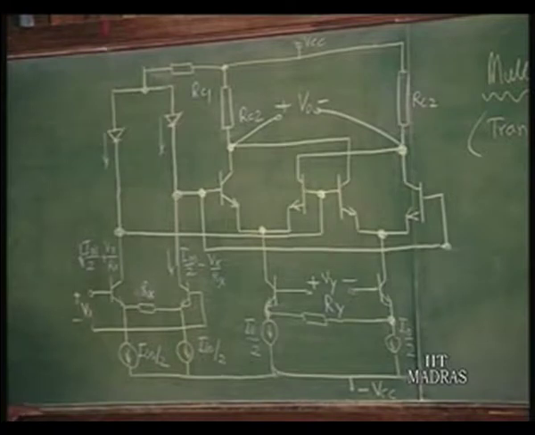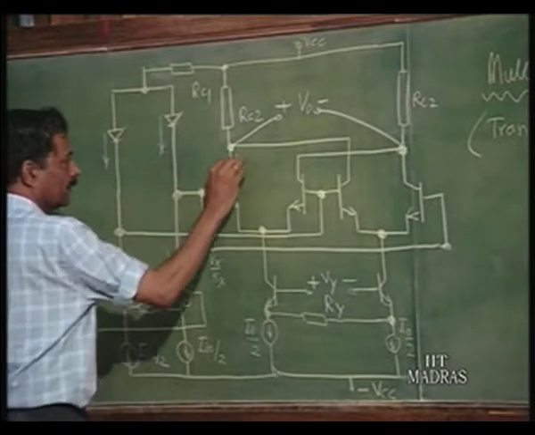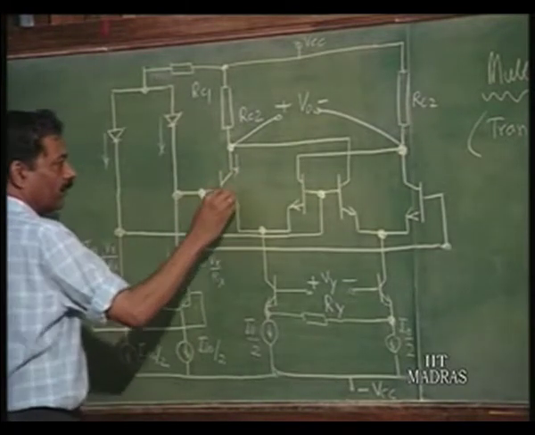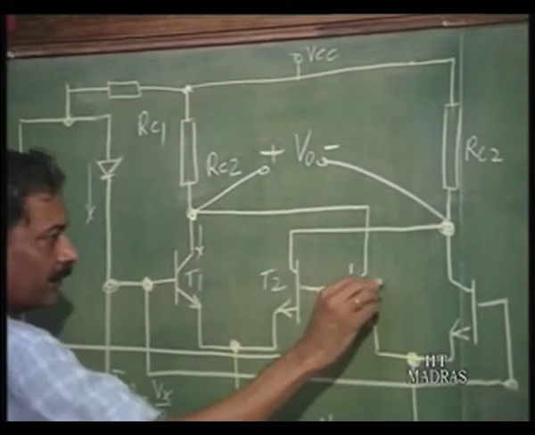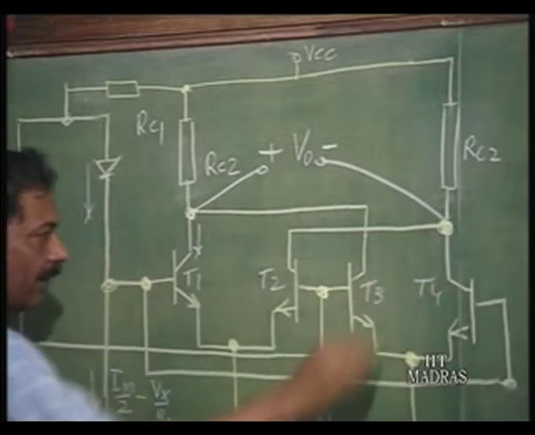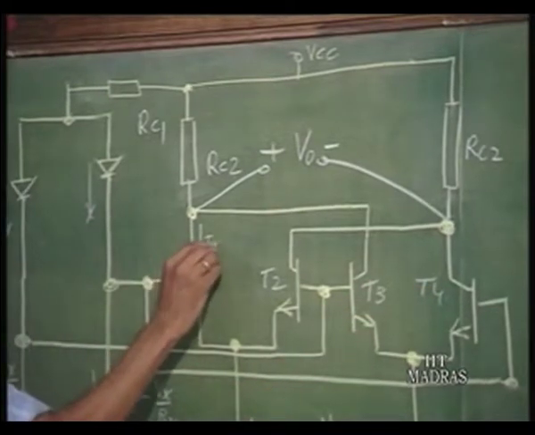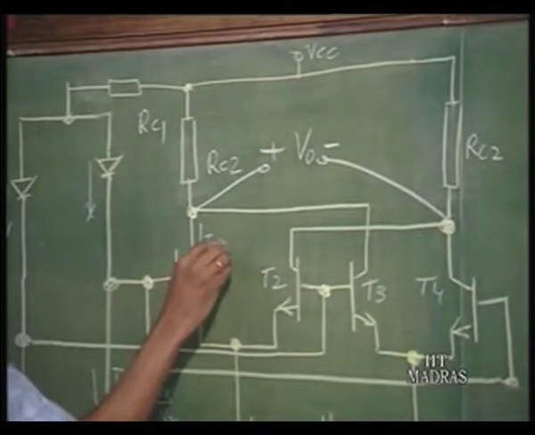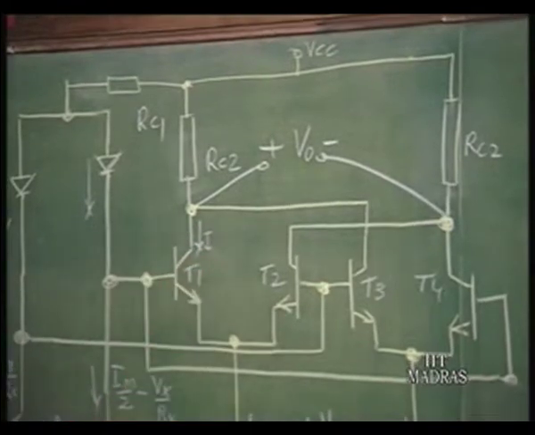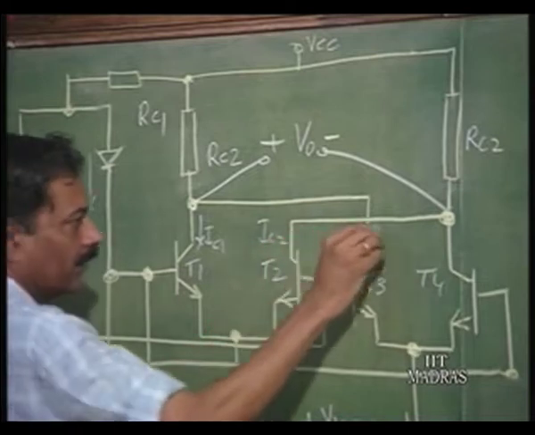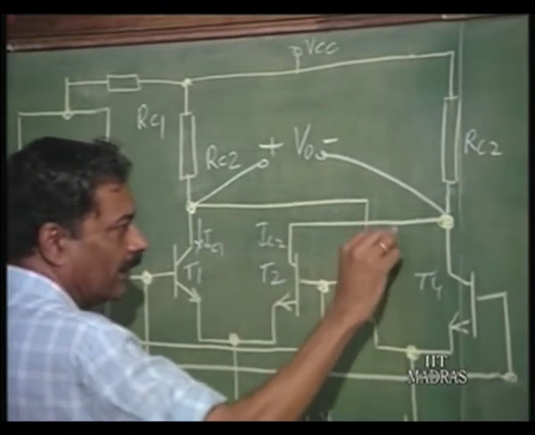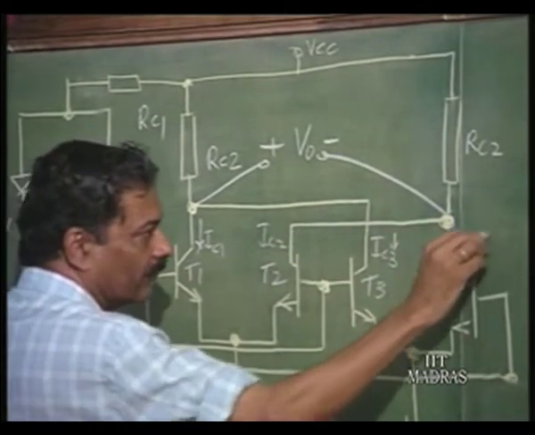Differential current of this type was flowing here, and that was the current in the diode. And we saw that the current in these transistors, which we called T1, T2, T3, T4, were respectively, let us say, IC1, IC2, IC3 and IC4.